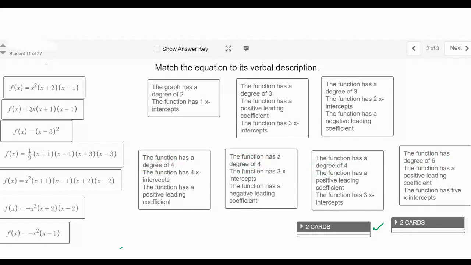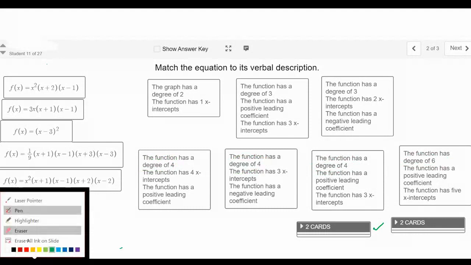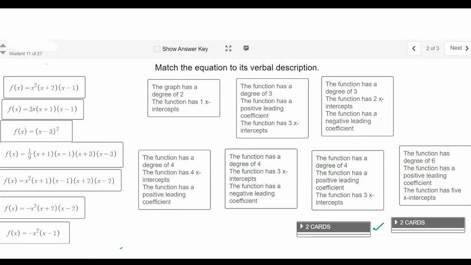Okay, so let's just make sure that we can figure out the best way to do this. So hopefully your cards are all organized, somewhat like this. And if you could find the card that has, let's see, let's do a degree 3. So this card says the function has a degree 3. That means you have 3 x's. So which cards have 3 x's? This one does. And this one does.